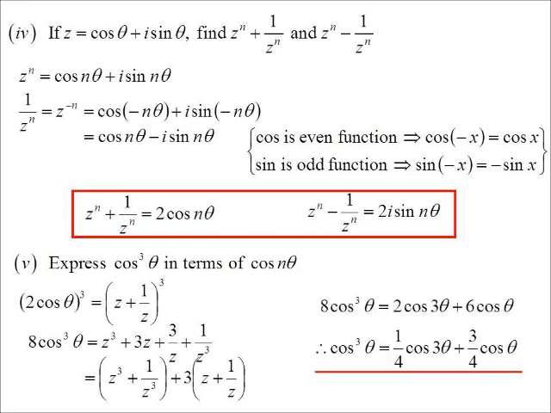So that will be 2 cos 3 theta. 3 lots of z, well that's to the power of 1, so n is 1. So 3 lots of 2 cos theta, 3 2's are 6. So I now have, or no, divide by 8. So almost there. Divide both sides by 8, and I now have cos cubed in terms of cos multiples of theta. So it's playing with the z to the power of n plus 1 on z to the power of n idea.